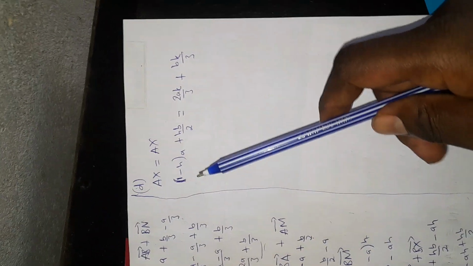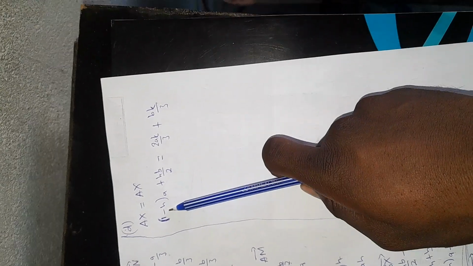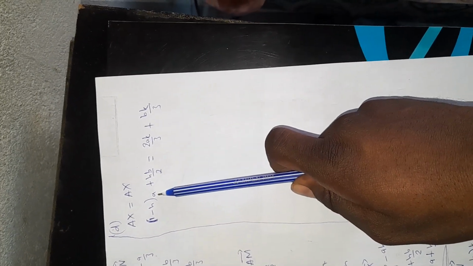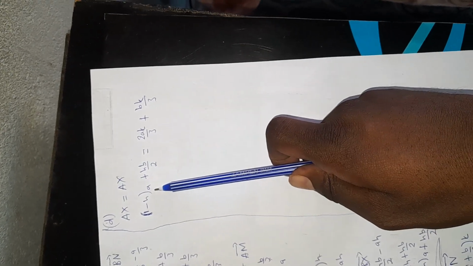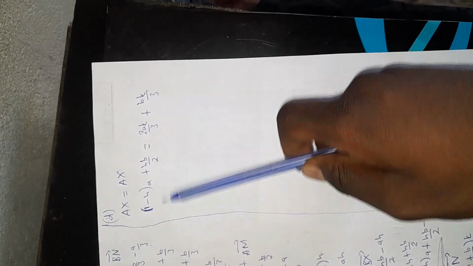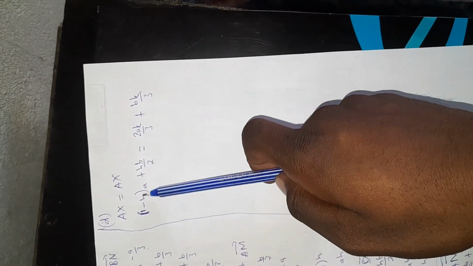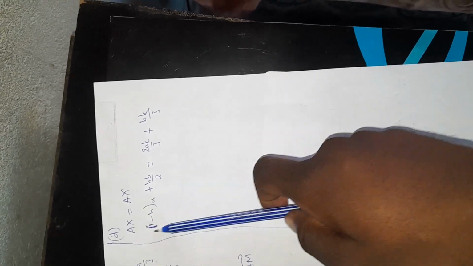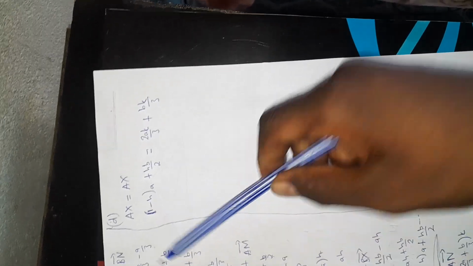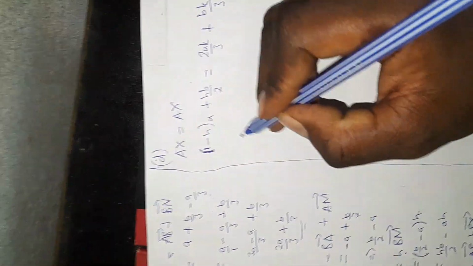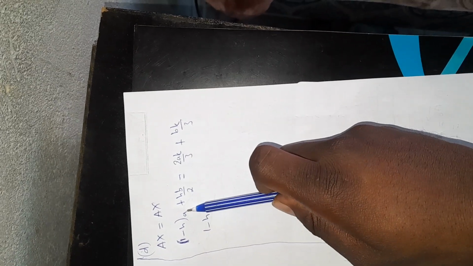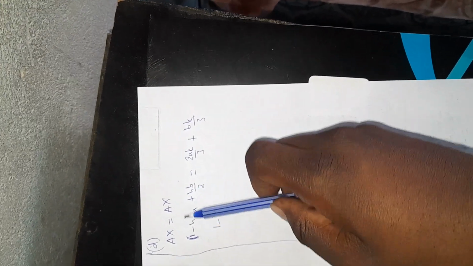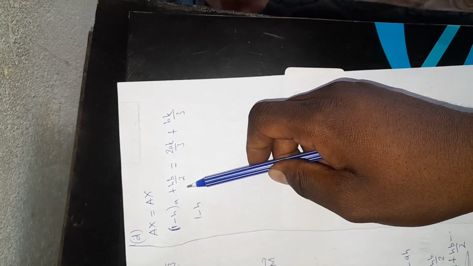Right. Now what I have to do is check every term which has the letter A first. At the left hand side, the only term with the letter A is this one, so I'll write this here first: 1 minus H. I don't write my A, I only check for the letters A and B, so that I'm left with H and K only in the equation, which we want to work out.